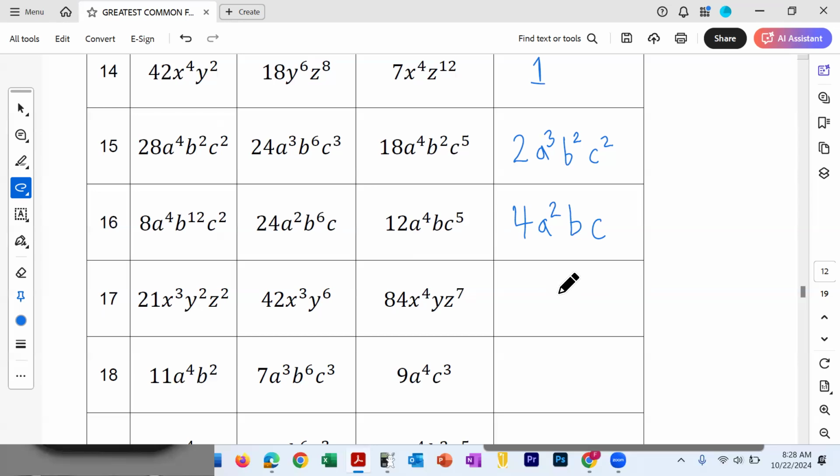Okay. 17. X to the third. Y. And yeah, that's it. Tell us why you did not include Z. Because not all of them have Z. The middle term didn't have Z. Does that make sense?